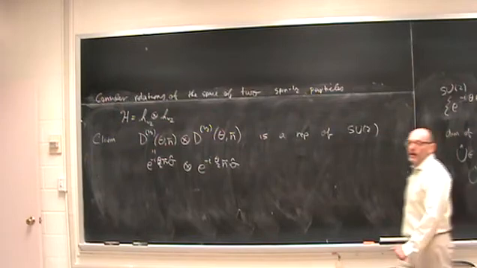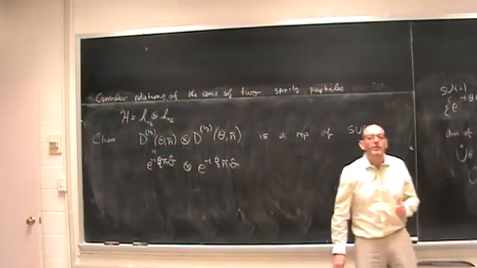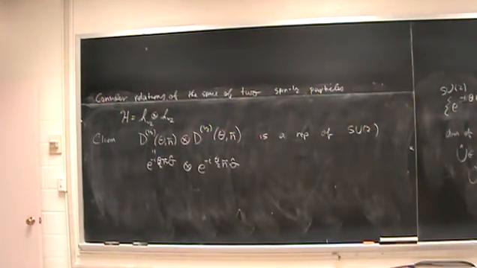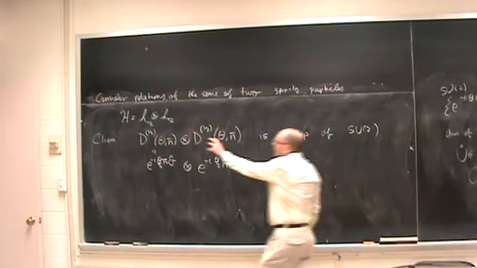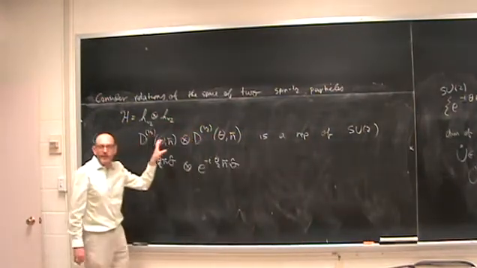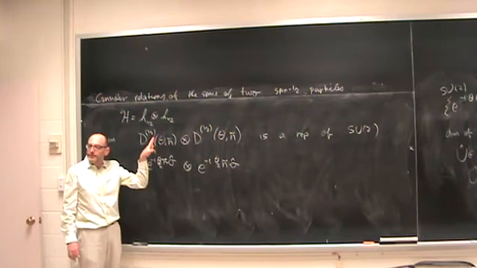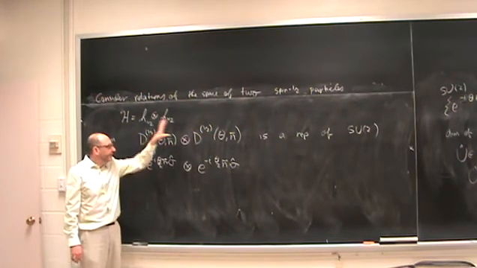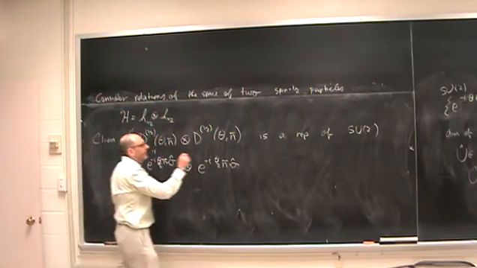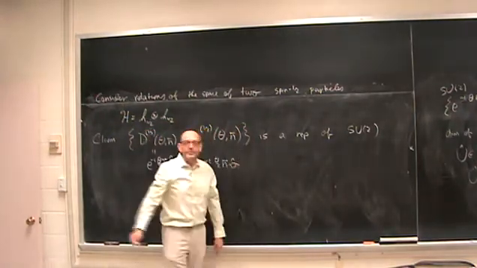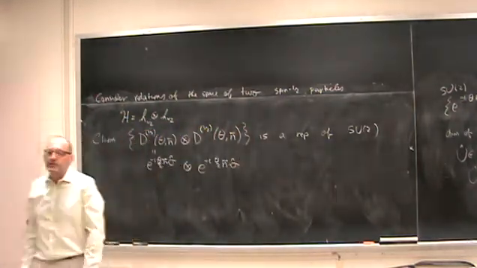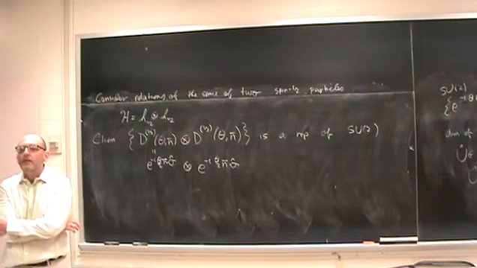In other words, an element of SU(2) is defined by an angle and an axis, right? I claim that if I apply the same rotation matrix this way, the set of all of these is a representation of SU(2). Why?